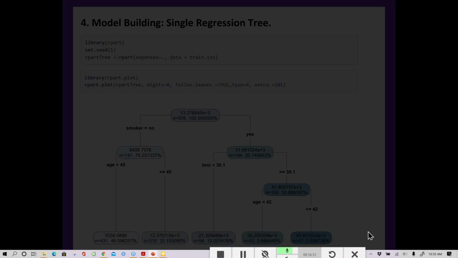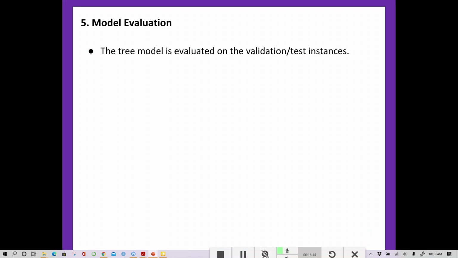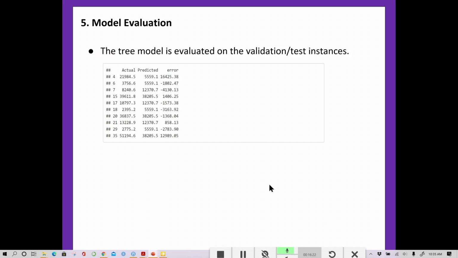So with that said, let's see how we evaluate the model on the test or validation instances. Here on the screen, I have the actual medical expenses on the test data set, and then we have the predicted values. We do recall from the last class that we do not want to test our predictive model on the training instances because that can give an overly optimistic impression of the performance of the model.